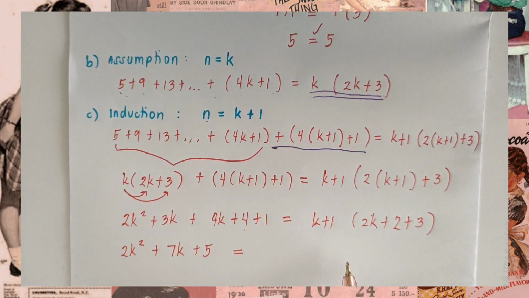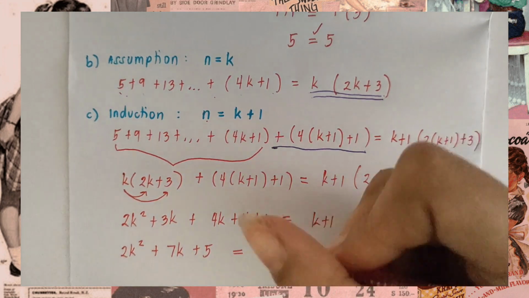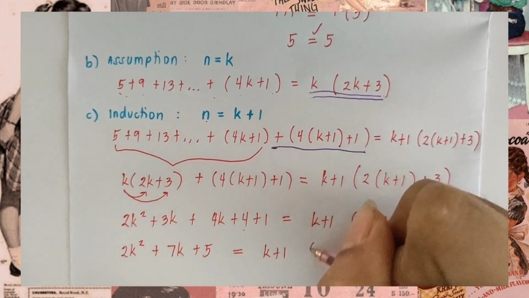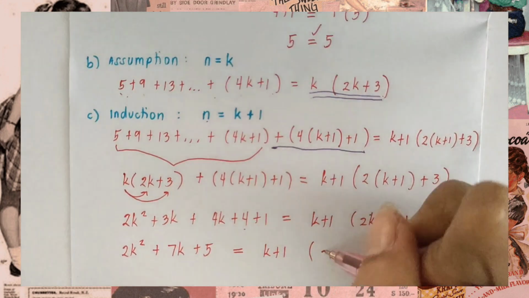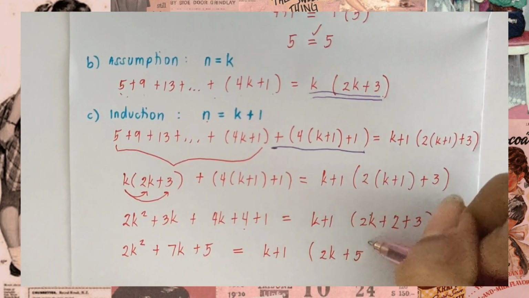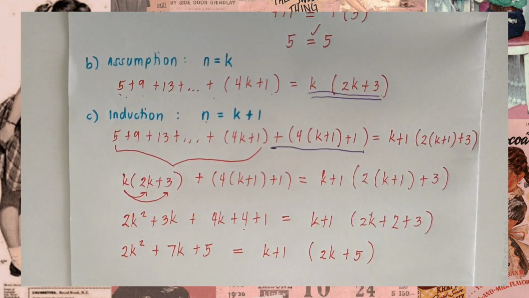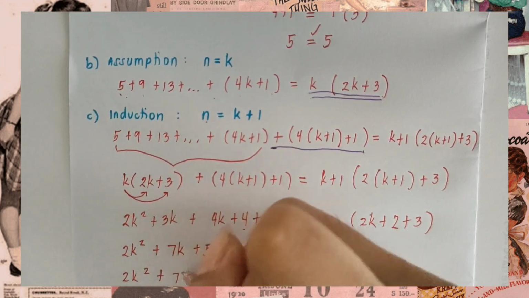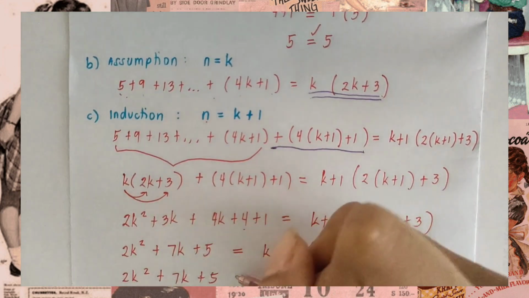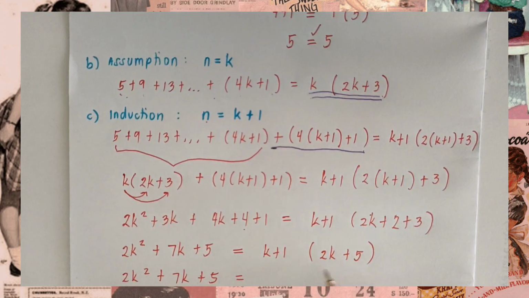How about on the right side of the equation? So copy k plus 1. Combine our constants here, 2 plus 3, that will become 5. Next, copy the left side of the equation, 2k squared plus 7k plus 5 equals, FOIL method.